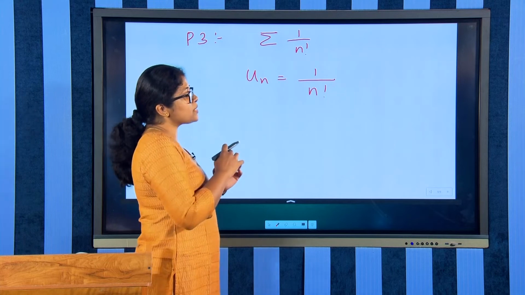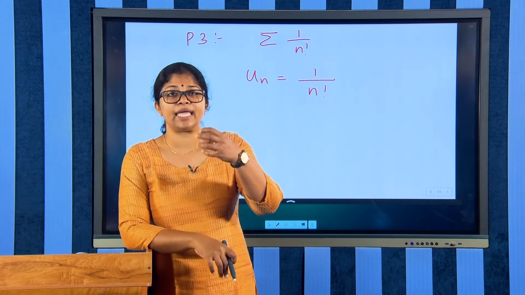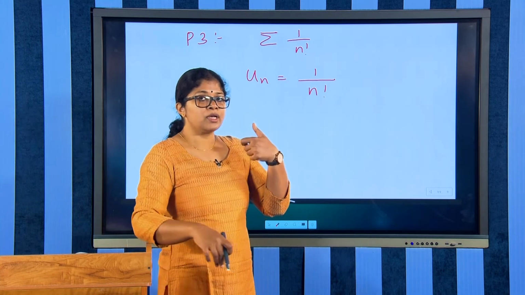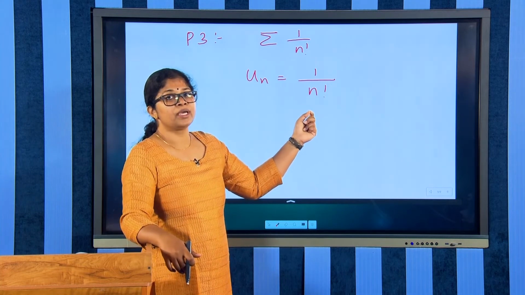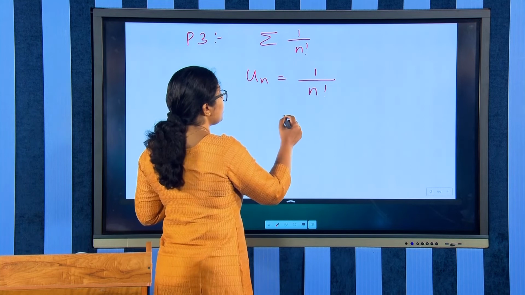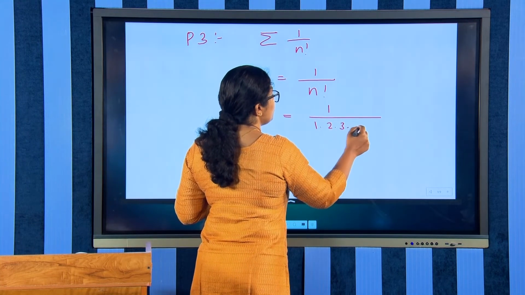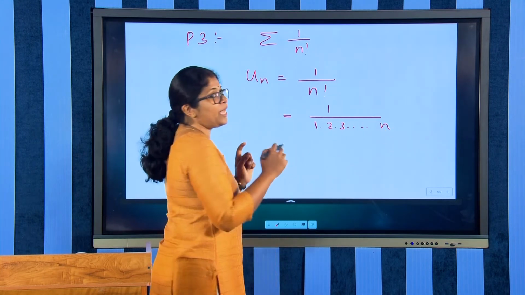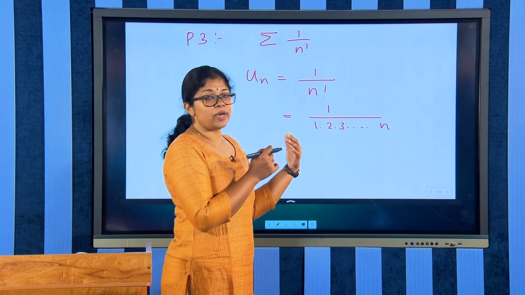As we discussed in the case of the limit comparison test, we have to pick out the terms containing n, the maximum powers of n, outside. Is that possible in this case? How many n's will be there? This is something like 1 upon 1 into 2 into 3 and so on up to n. The term just previous to n will be n minus 1, the next previous term will be n minus 2, and so on.